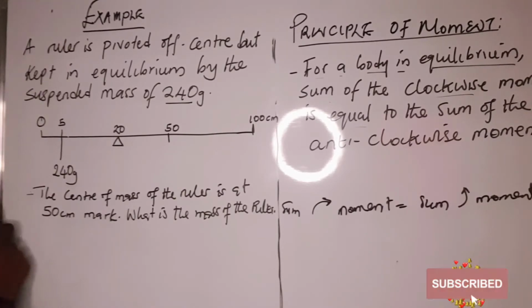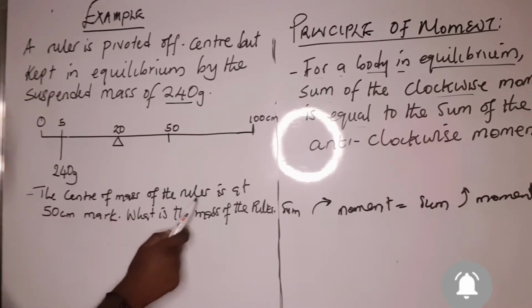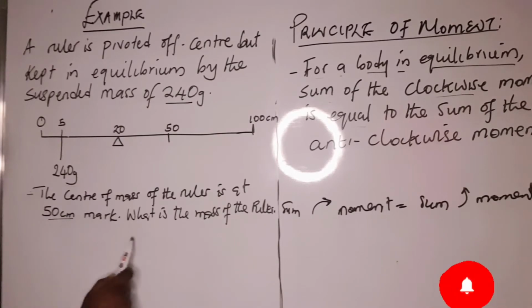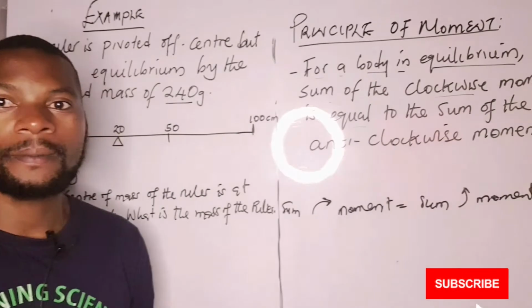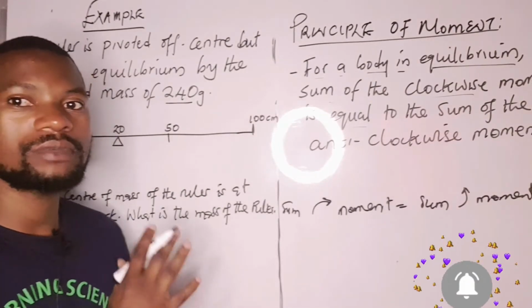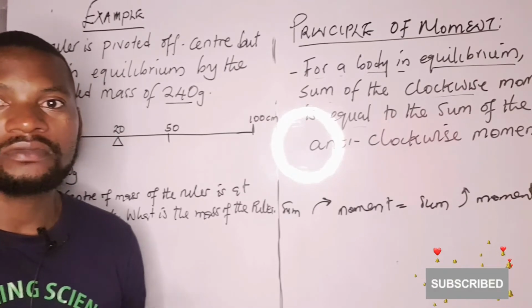Then again we are saying the center of mass of the ruler is at the 50 centimeter mark. What is the mass of the ruler? That is the question. After we've been given all these details, what is the mass of the ruler?